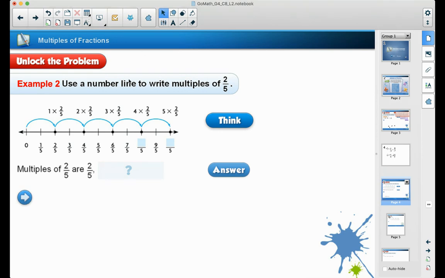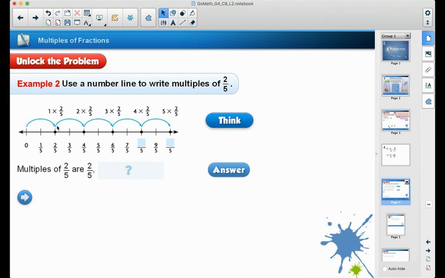Okay. Now we're going to use a number line to write the multiples of 2/5. So we have our number line, and our number line is broken up into fifths. To use the number line to write multiples of 2/5, you begin with 2/5. Since your numerator is 2, you go by 2's.